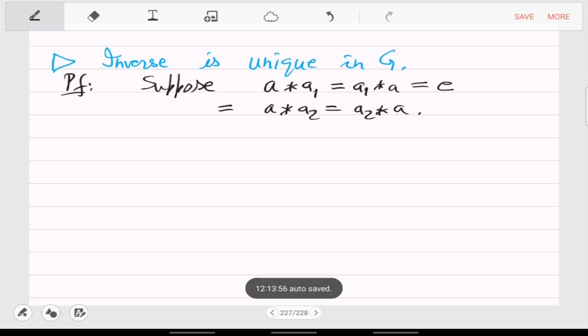How do you show this, just by group axioms? Any ideas?